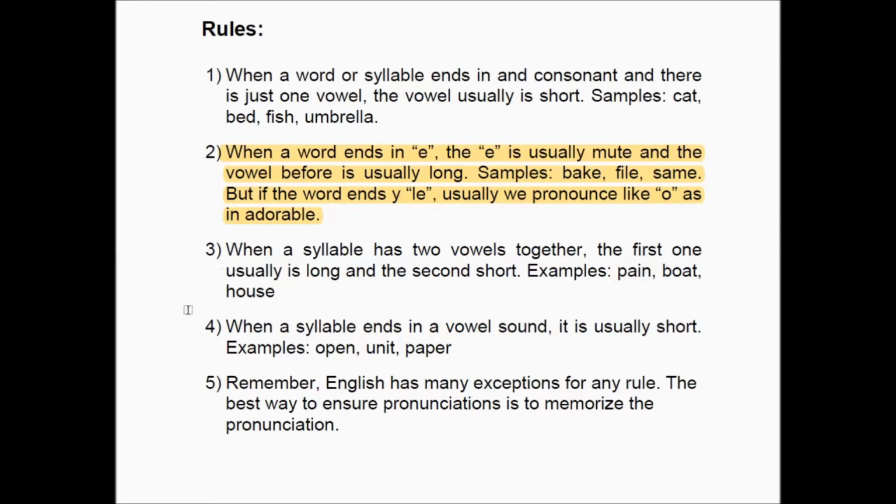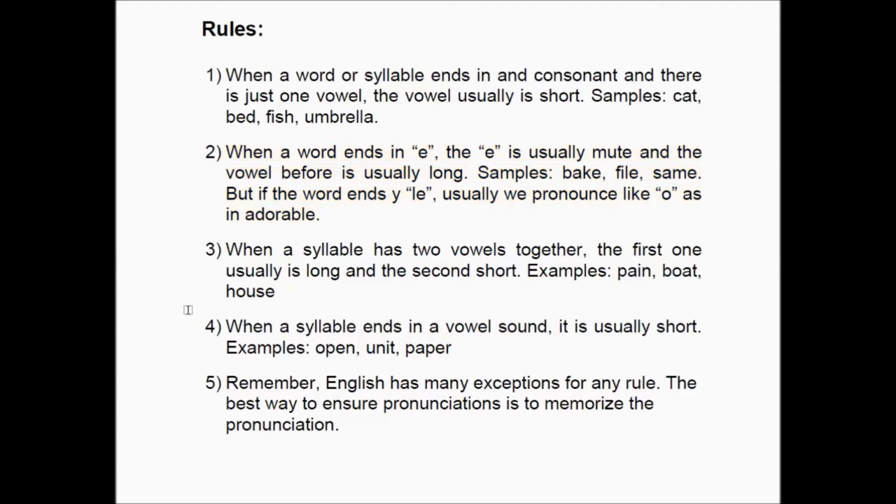When a word ends in E, the E is usually mute and the vowel before is usually long. Examples: bake, file, same. But if the word ends in L plus E, usually we pronounce it like an O, as in adorable.